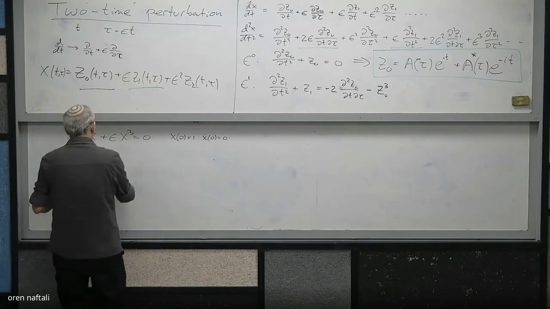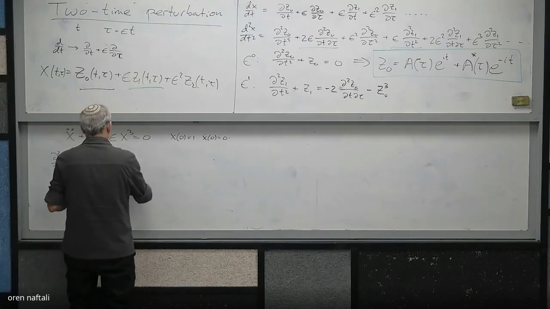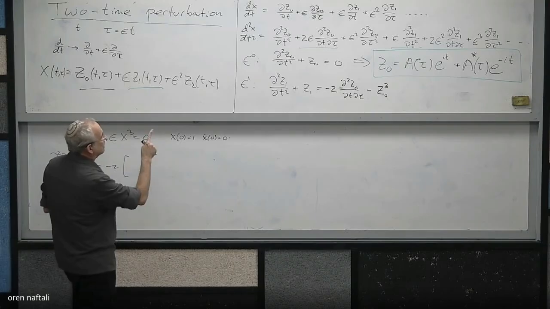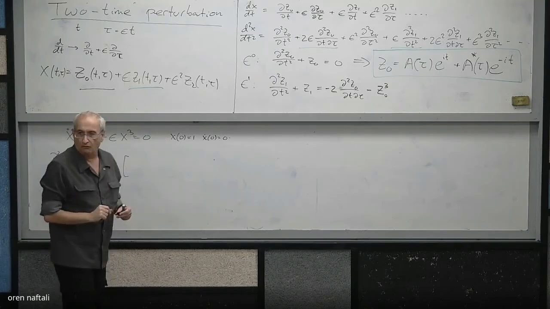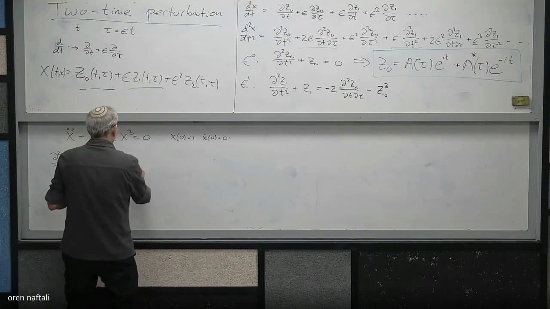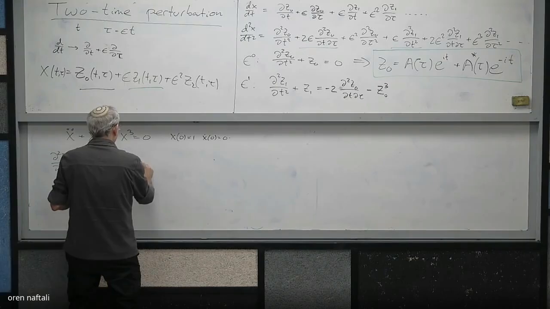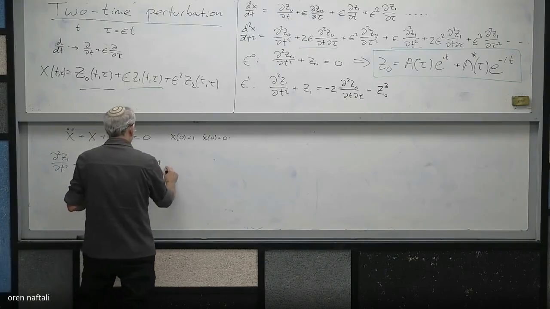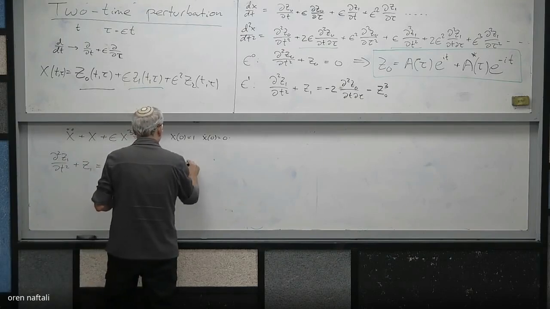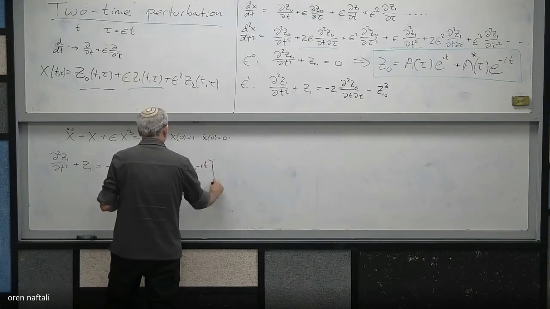minus 2 times... Now I have to take one derivative with respect to t and one derivative with respect to tau. So this will give me i times dou A dou tau e to the i t minus i dou A conjugate dou tau e to the minus i t.